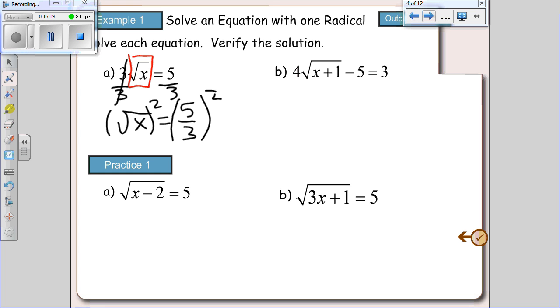What do we do with that square? You distribute it into both things. So it becomes 25 over 9. I squared the 5 and I squared the 3.